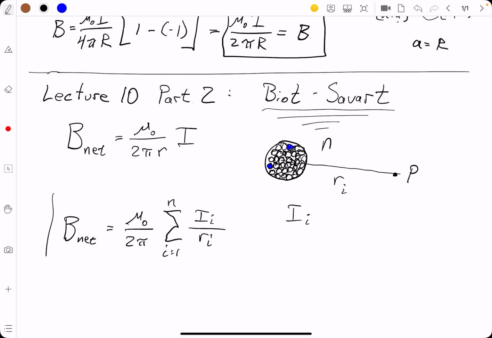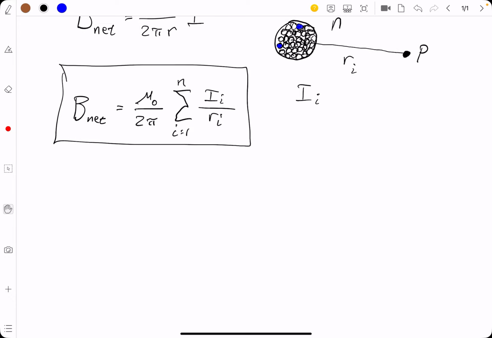So it's a superposition of all the B fields from all of the wires that are in the main cable.